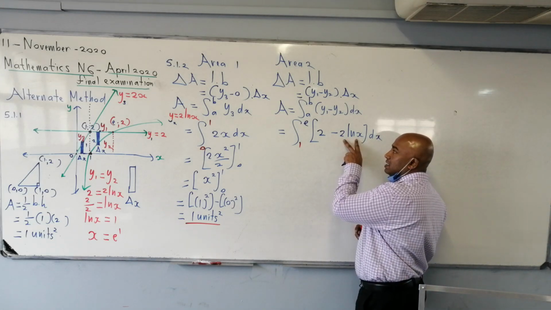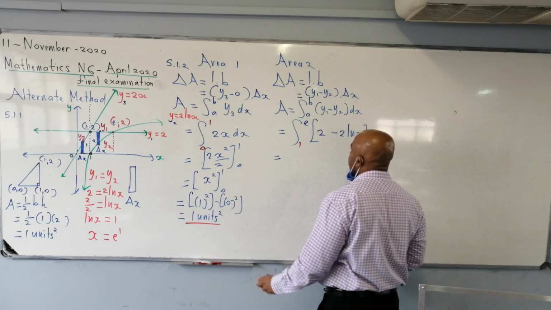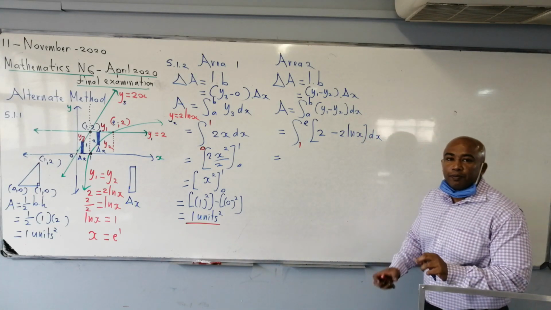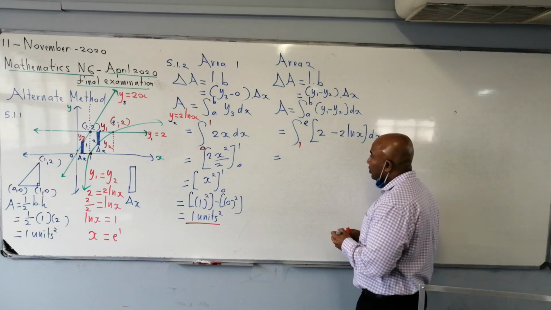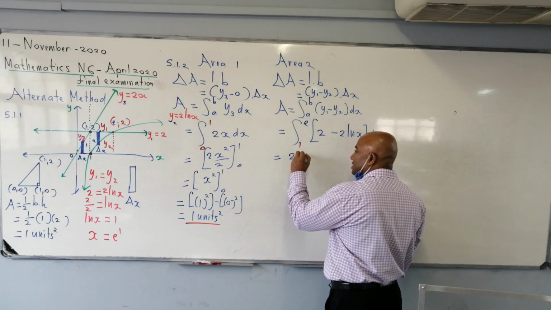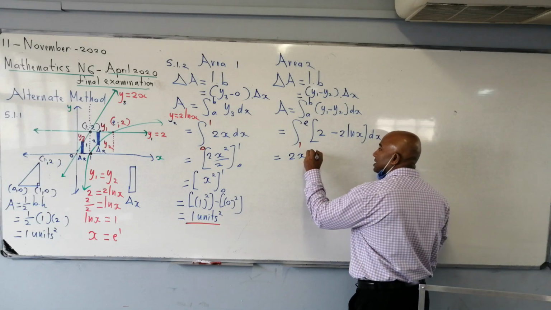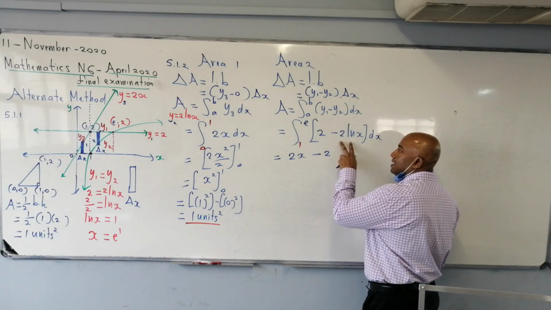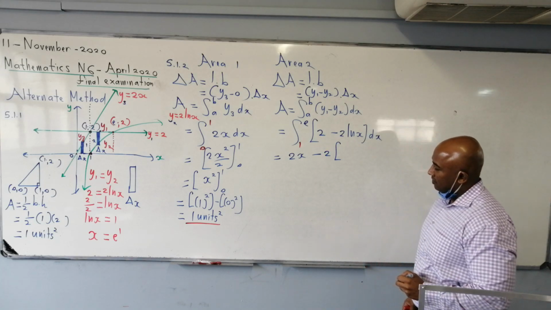This one is integration by parts. There are two separate terms. You integrate 2, you're going to get 2x. So minus 2 times, we need to integrate ln x now.